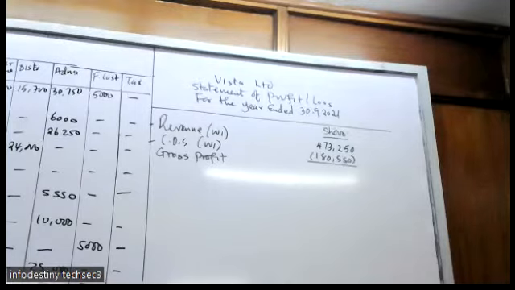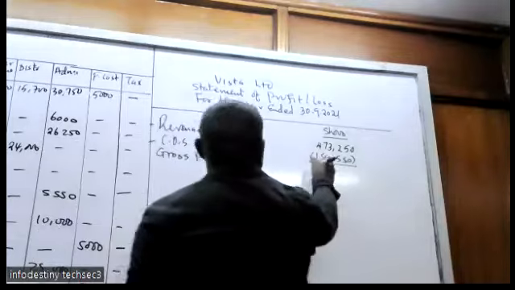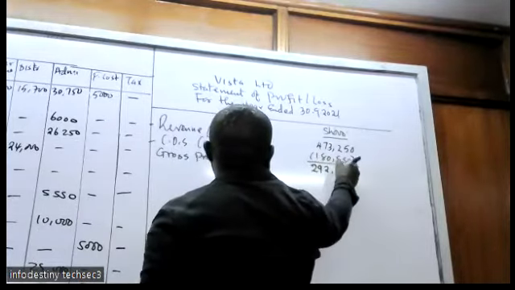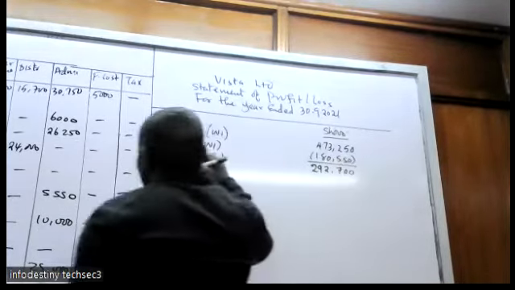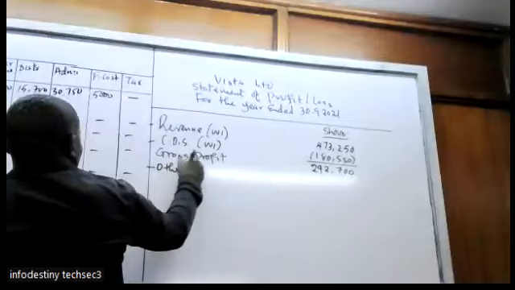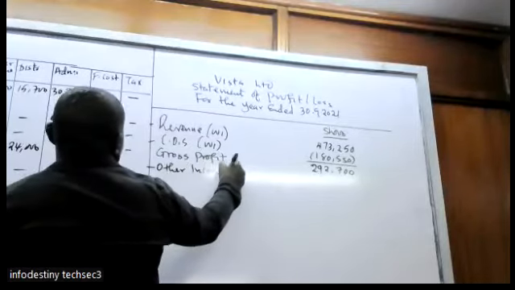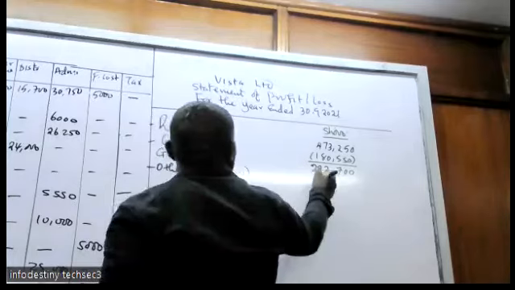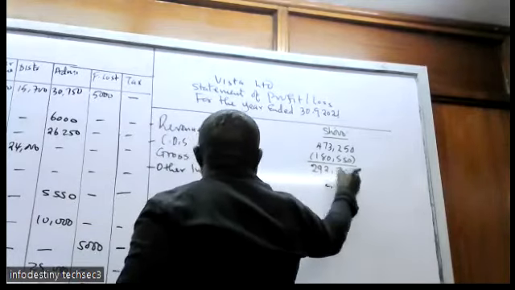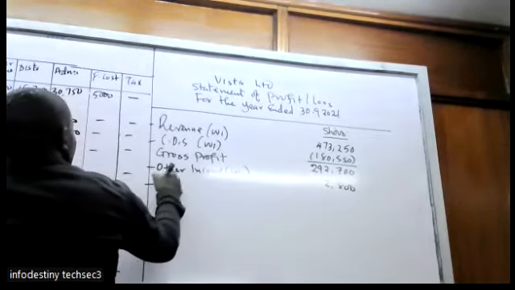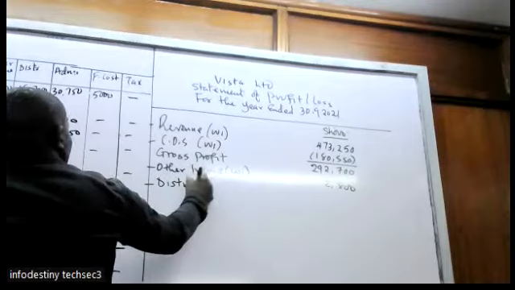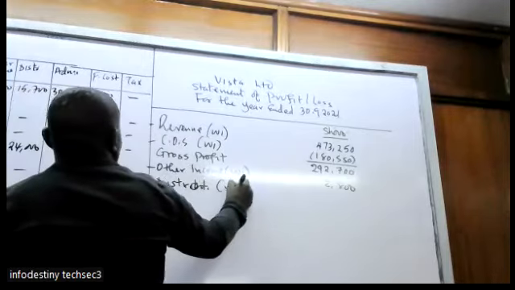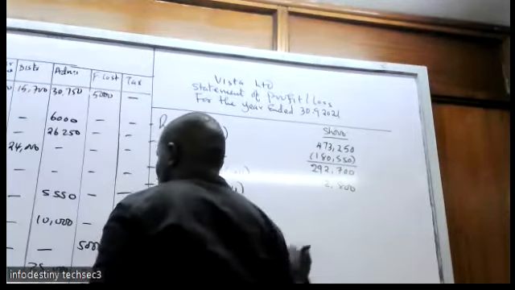How much is that? 92,700. Good. Other income, 28. Distribution, 39.